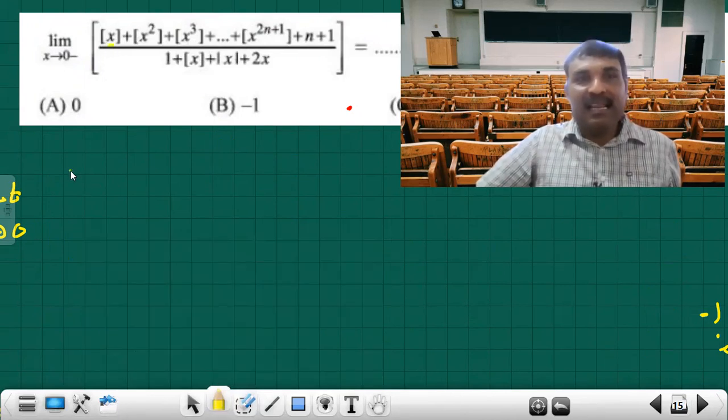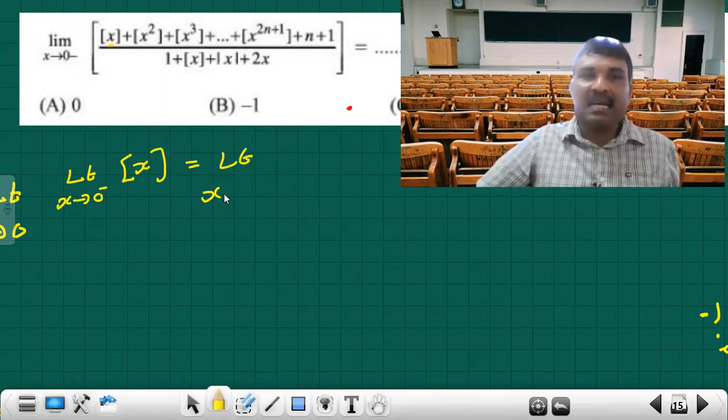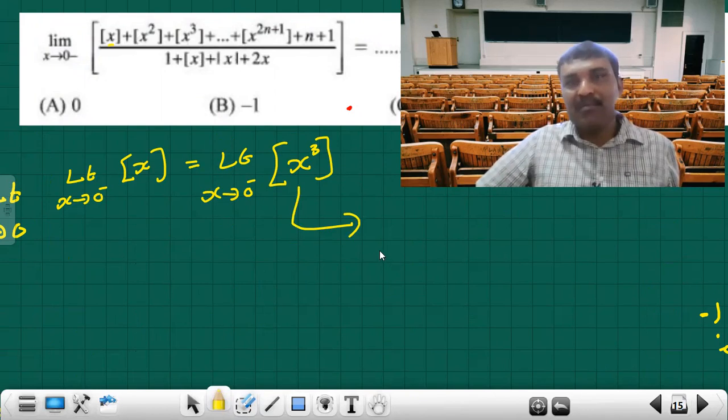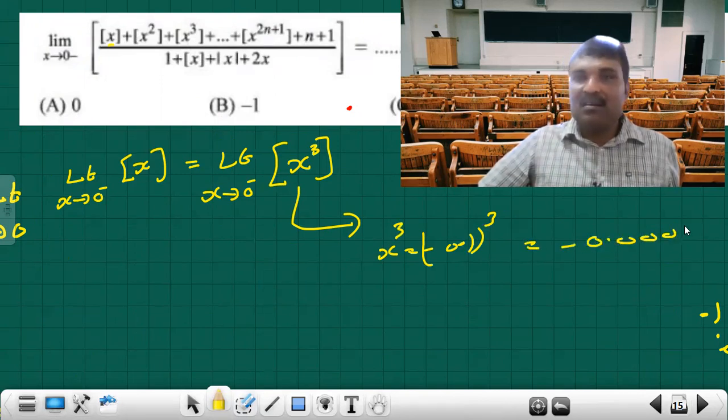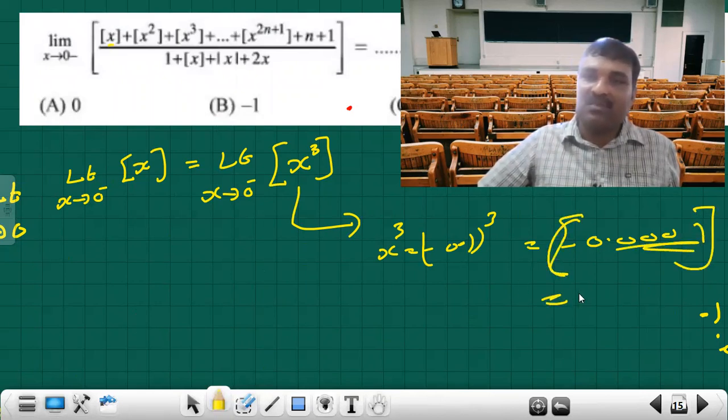We can say limit x tends to 0 minus box x is equal to the limit with x cube, an odd power. For example, x is equal to minus 0.1, so the cube is minus 0.001, and the value of this greatest integer function is minus 1.